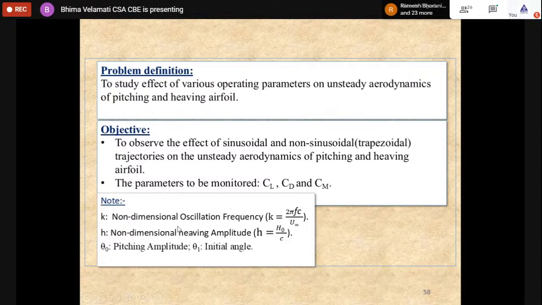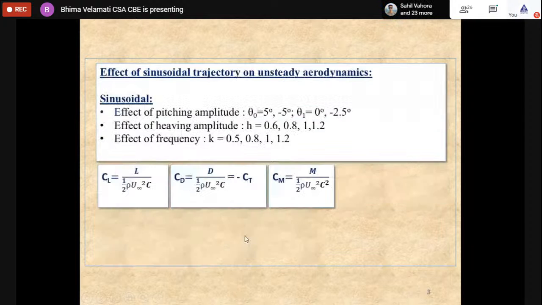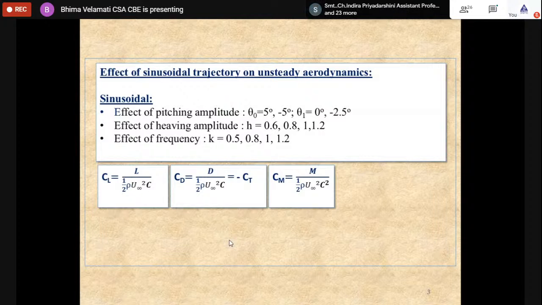The parameters that could change are oscillating frequency and heaving amplitude. So we try different parameters. If it is for propulsion, my interest is to get more coefficient of drag. In effect, drag force is nothing but the opposite of thrust.